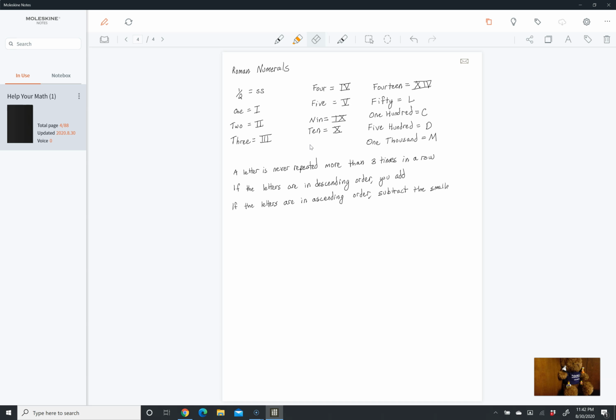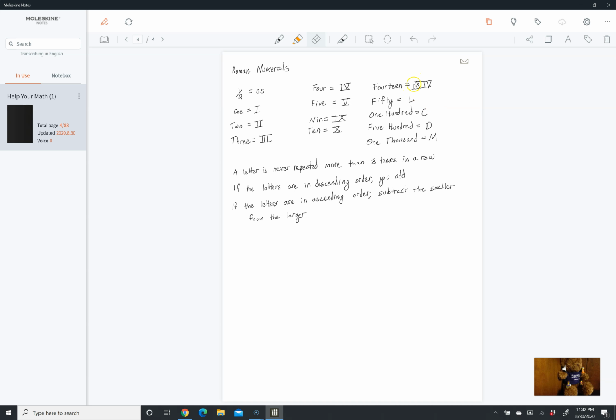And you subtract the smaller from the larger. Okay, and when we say ascending and descending, we mean these letters. So L, C, D, M would be ascending. M, D, C, L would be descending.